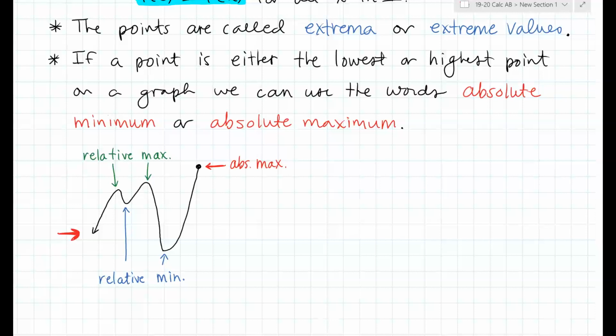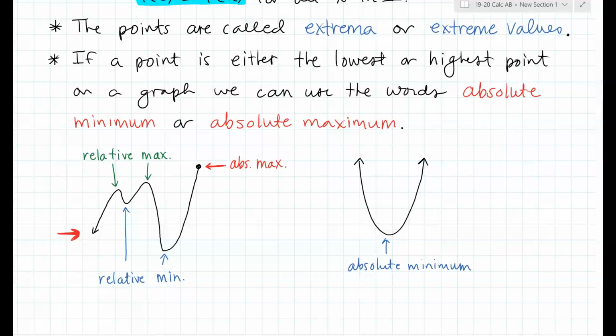No maxes or mins. And remember, a graph like this has no absolute maximum, but it does have an absolute minimum, okay? This piece right here would be my absolute minimum. But it has no absolute maximum, right?